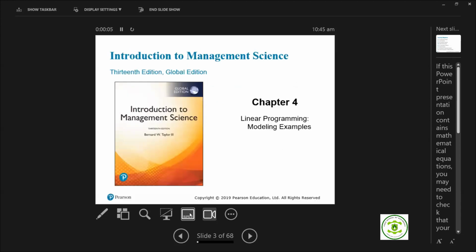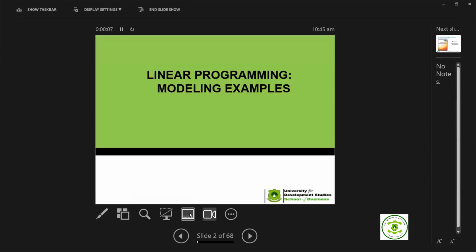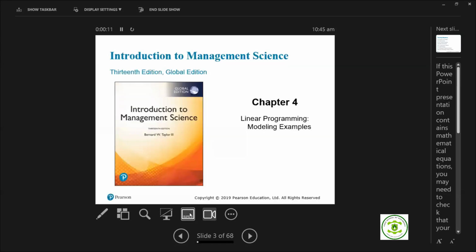Now, if you look at the other slide I shared with you yesterday, that one is just devoted to examples of linear programming problems. This one is actually not on the outline, because I do that once we go through this in class. If you pick that chapter, you will be able to solve all the questions.